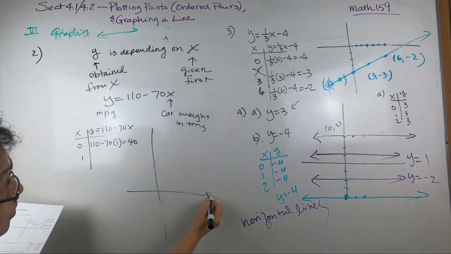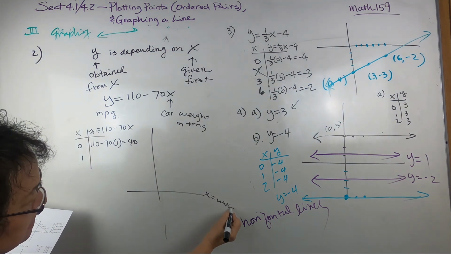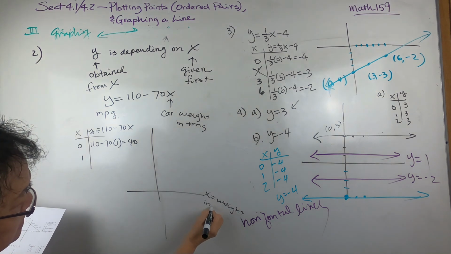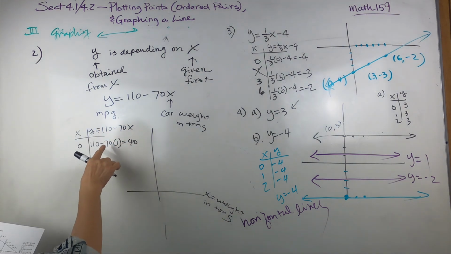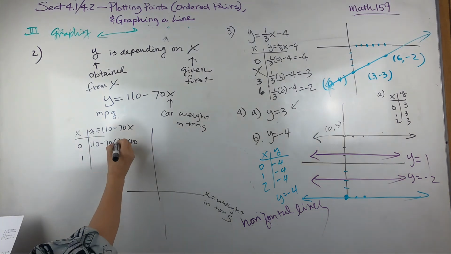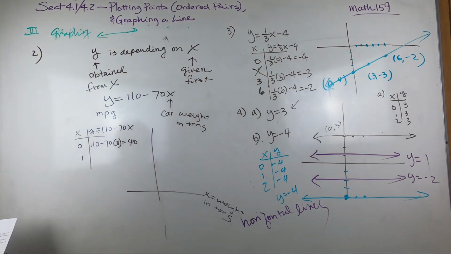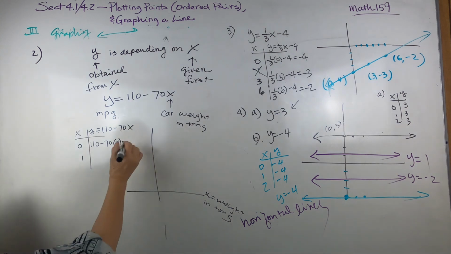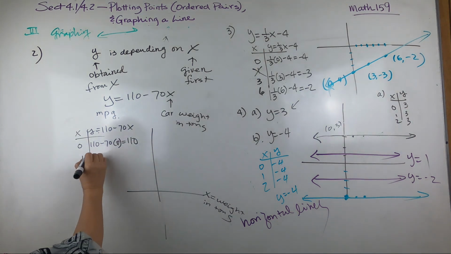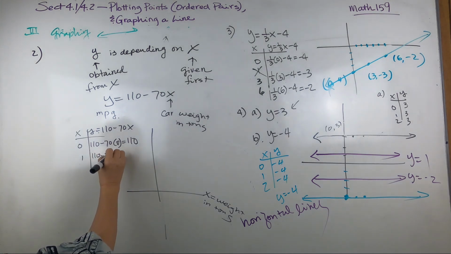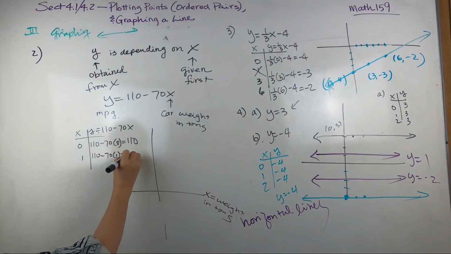So x is the weight in tons, right? So if it's, oh, this is 0. I did it another way around, sorry. I was thinking ahead. So this one would be what? 110 minus 70 times 1. That would be 40. Right?